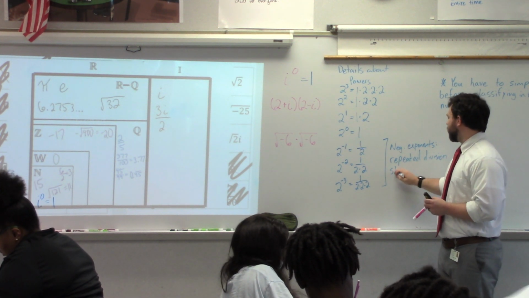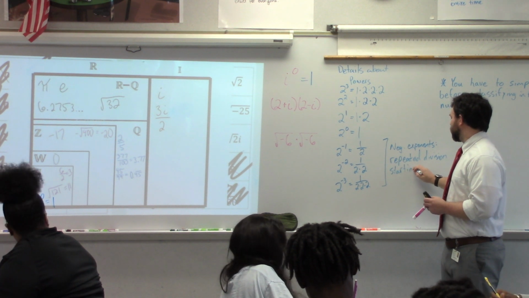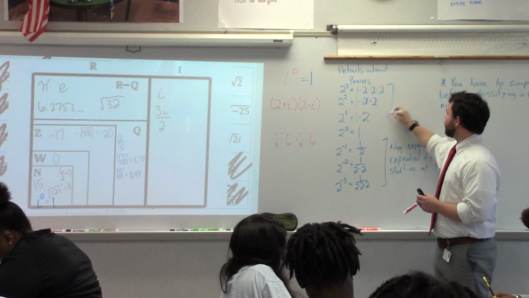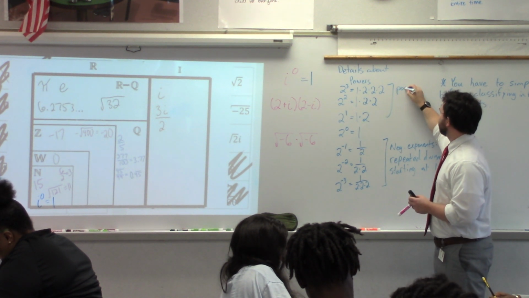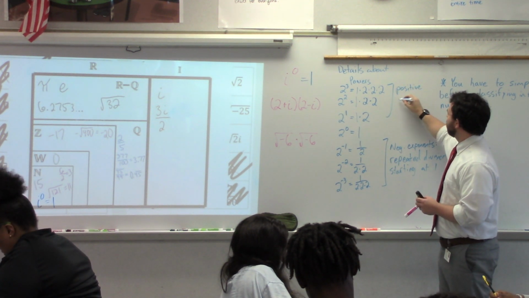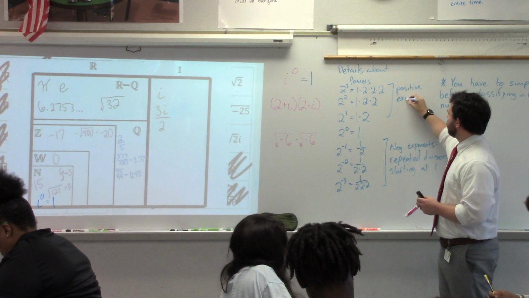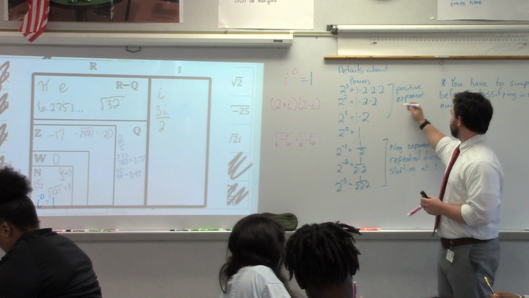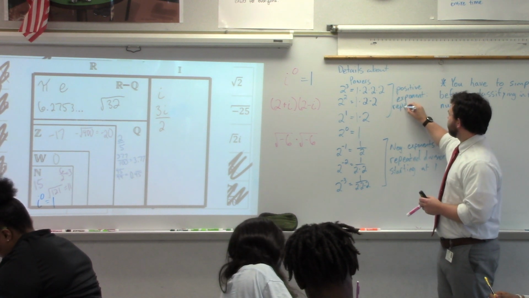A negative exponent is repeated division starting at 1, or as a positive exponent, repeated multiplication starting at 1.